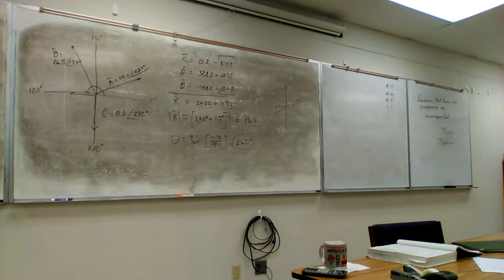Magnitude of the resultant vector is minus 1.7 squared plus 7.0 squared to the 1/2 at an angle of the inverse tangent of 7.0 divided by minus 1.7.